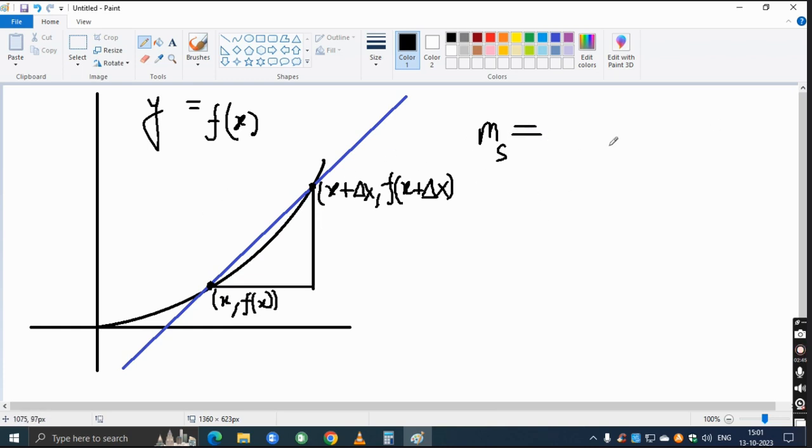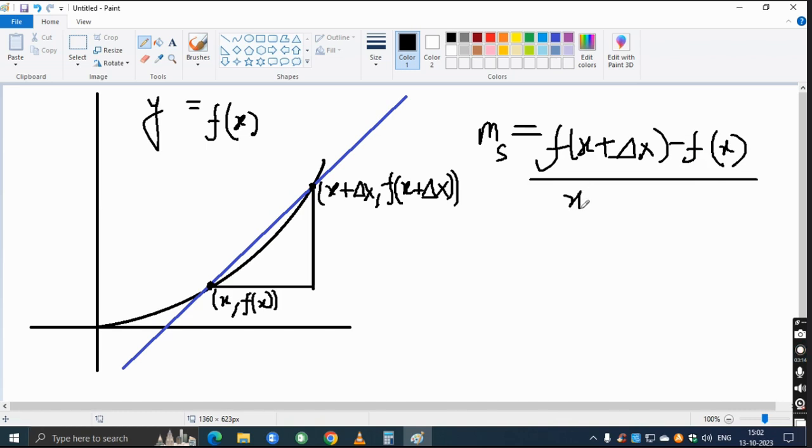So ms is just going to be, if you use the standard formula for slope, y2 minus y1 by x2 minus x1. y2 is my f of x plus delta x, and y1 is f of x. So I have f of x plus delta x minus f of x divided by x plus delta x minus x.